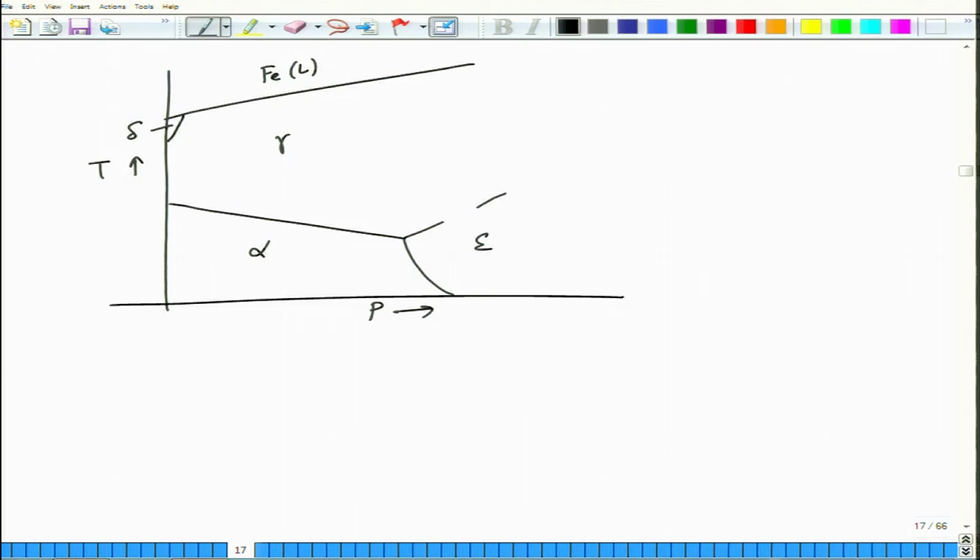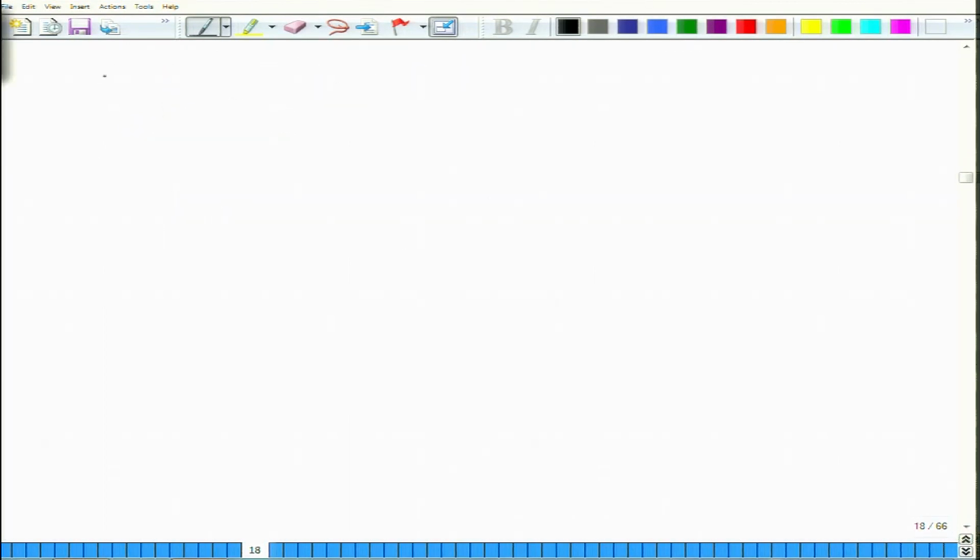And moving on further, before we went to phase diagrams further, we looked at the thermodynamics of binary solutions. And this is essential because no element is pure. Most materials are impure in nature.